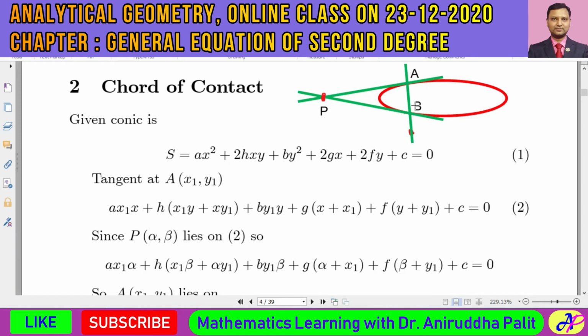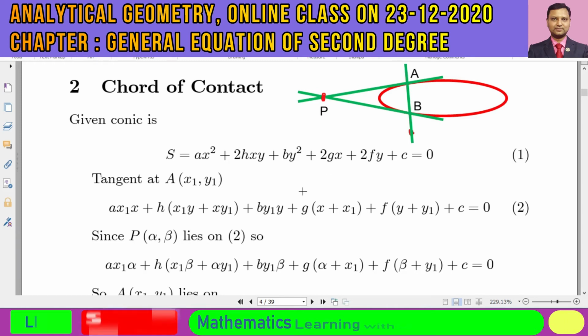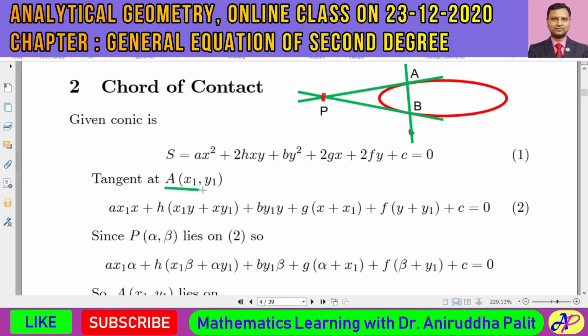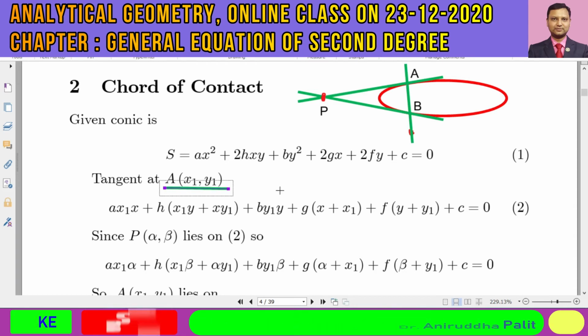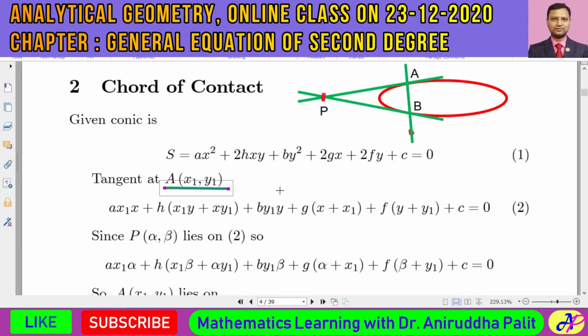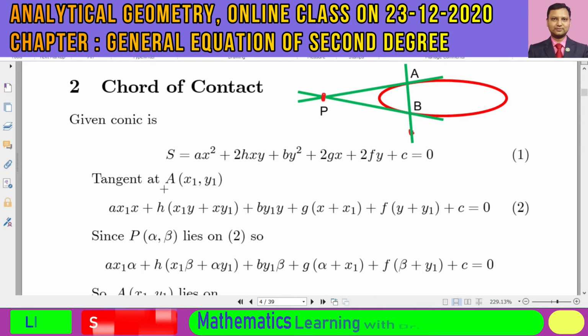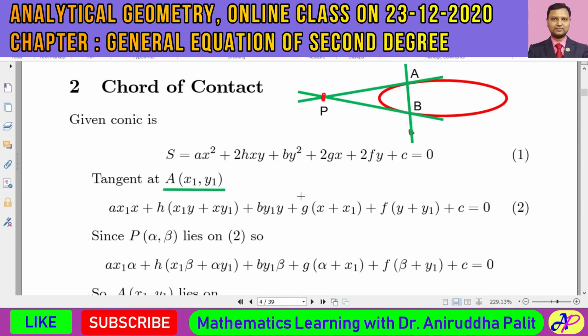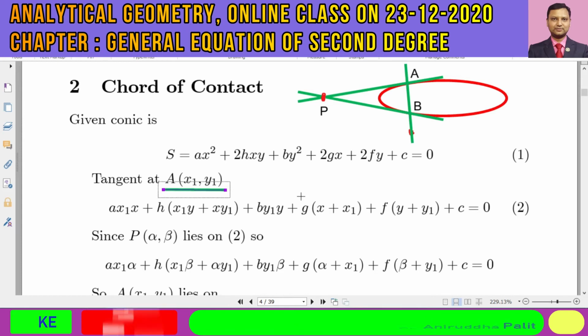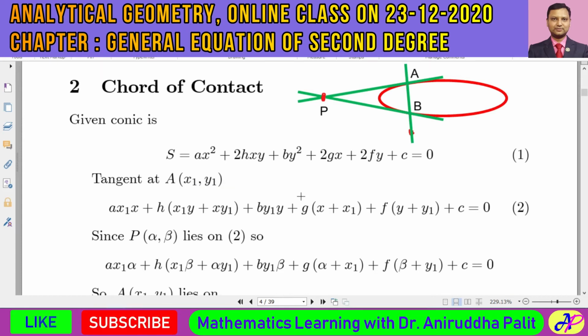Then we know that the equation of the tangent at a certain point is obtained by the formula T is equal to 0. At the point capital A we have to apply the formula T is equal to 0.